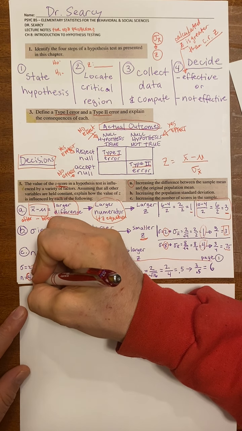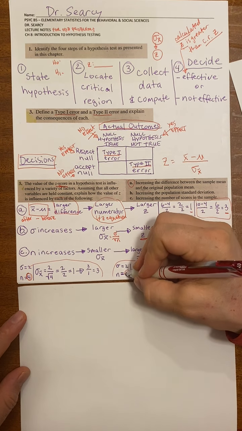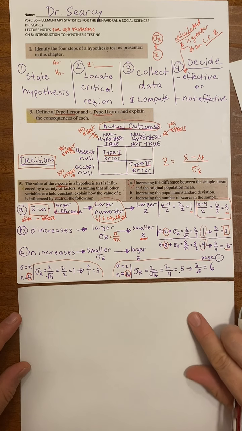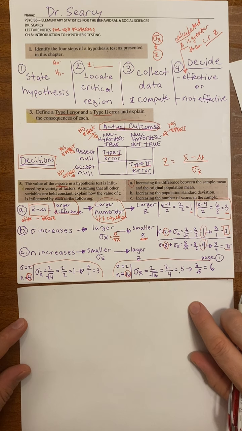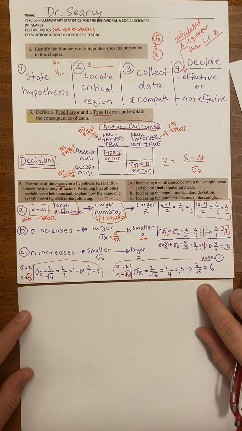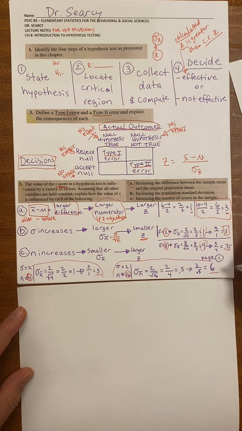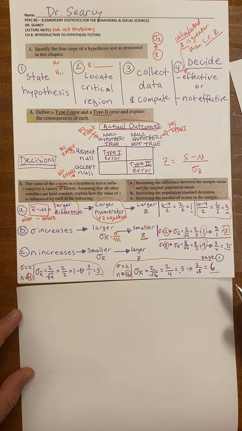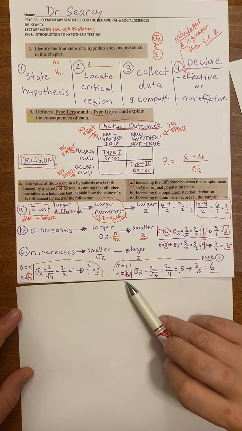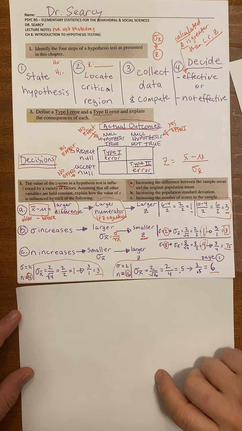In this example we've got a small n, and here we've got a larger n. Which n ends up having the larger z-score? Here we have a z-score of 3, and here we have a z-score of 6. So the 6 is the larger z-score. It's also where there is the larger n.